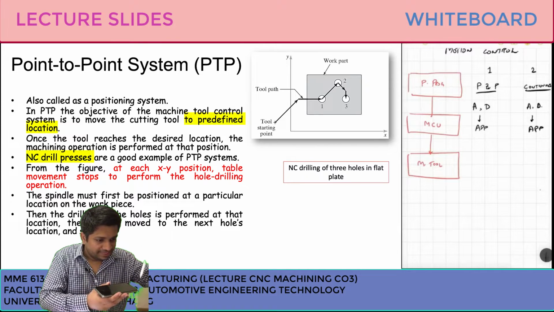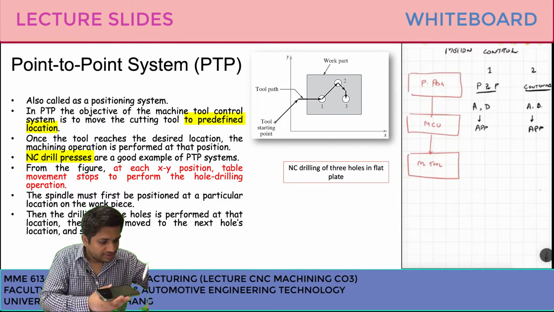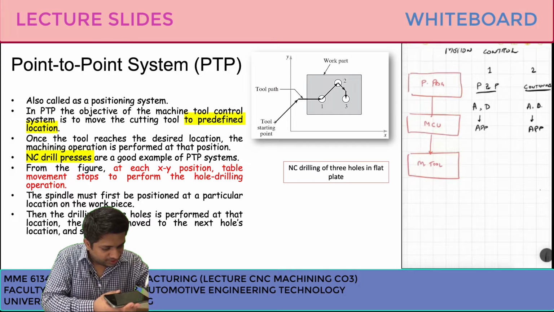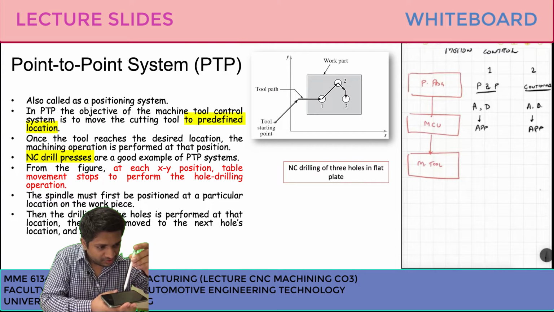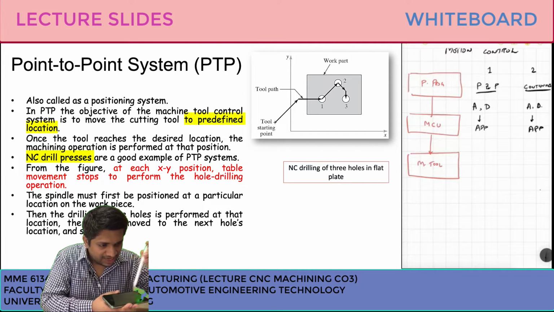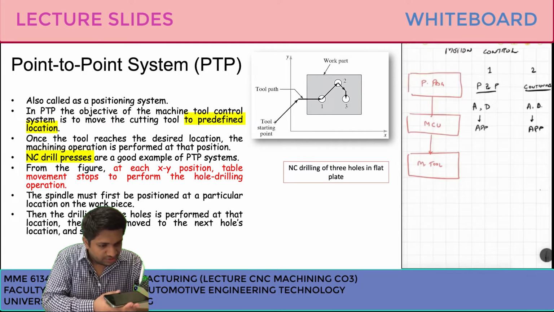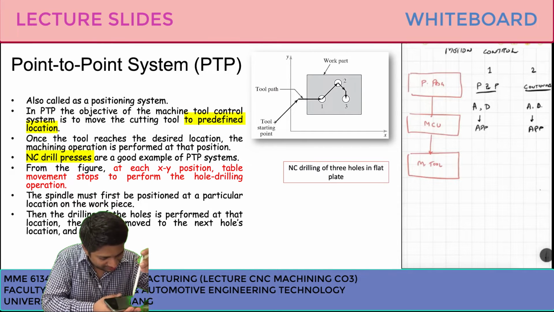Now what happens in a point-to-point system is that I rapidly move my tool from one point to another point without doing any machining. I'm just moving my tool to another predefined location, and once I quickly reach this location, only then will I start the drilling process.